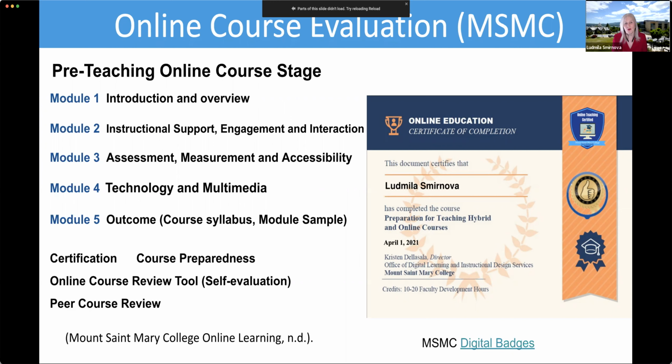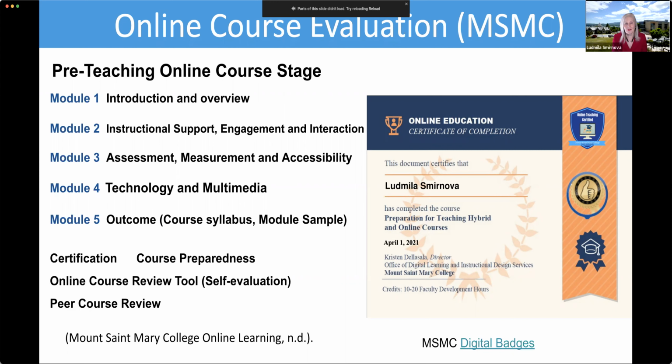Module 4 was devoted to technology, different types of tools that teachers can use in order to engage students in active interaction and learning.